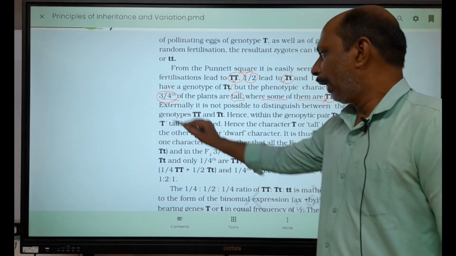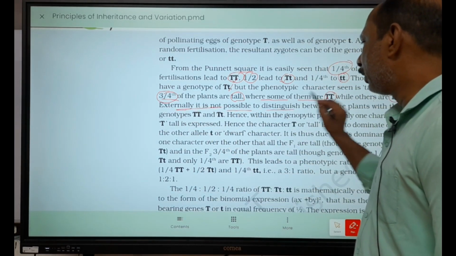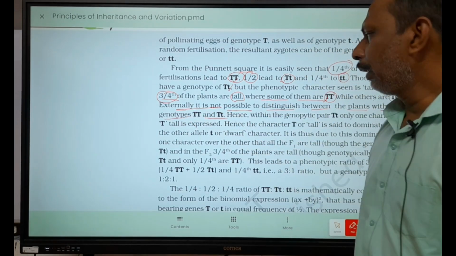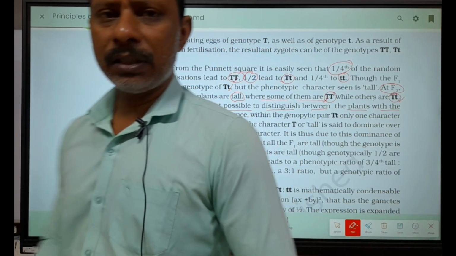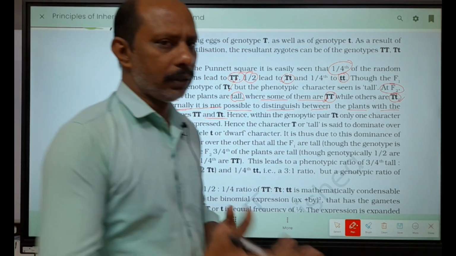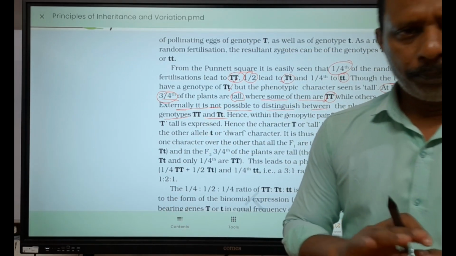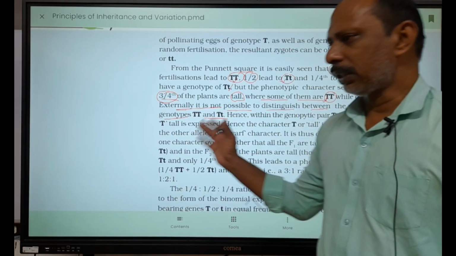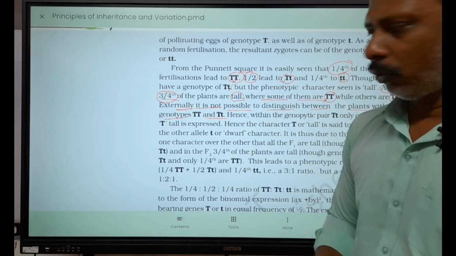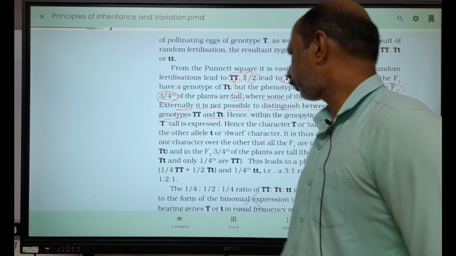Externally, it is not possible to distinguish between the plant with the genotype capital T capital T and capital T small t. Phenotypically, we cannot understand which one is hybrid and which one is the pure breed line. For this, we have to go for a cross which is called test cross. We will explain that after this.